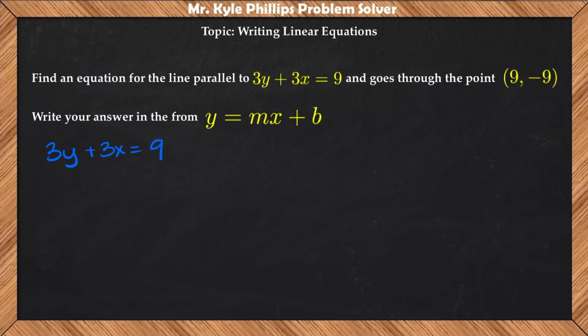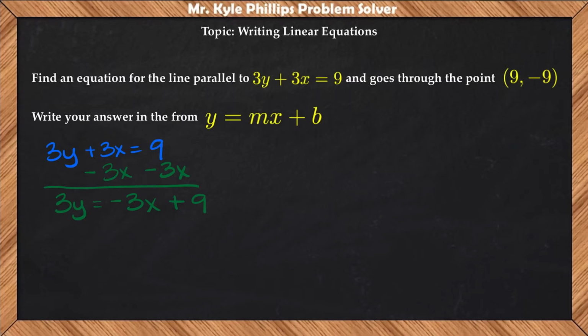Now, in order to get this in slope-intercept form, I need this 3x to come over here with the 9. Since they're adding, I'll subtract. So we'll say minus 3x and minus 3x. So what I have here now is 3y equals negative 3x plus 9.